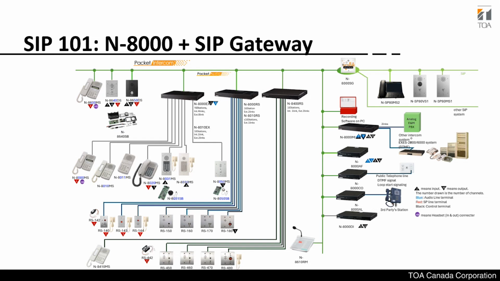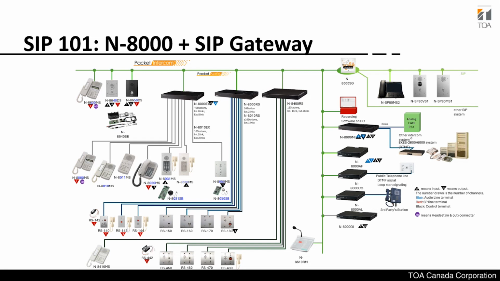On the left side, you will see the N8000 system with all the exchanges. Exchanges connect to your substations or intercoms or master stations or phones, and it can communicate via IP network. On the right side, you will see N8000 SG. It's a SIP gateway. It's software running on any PC, and it will translate IP packet audio from N8000 to SIP.